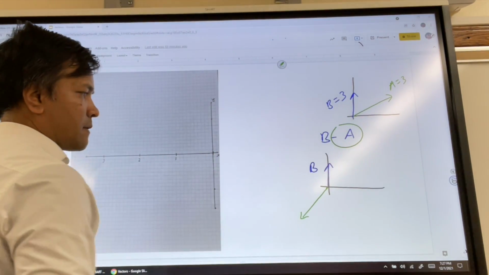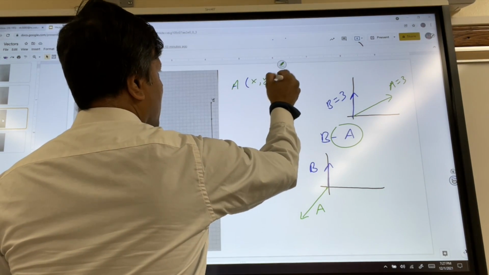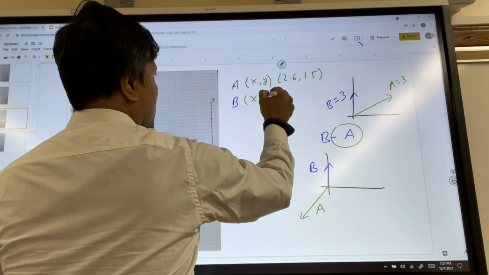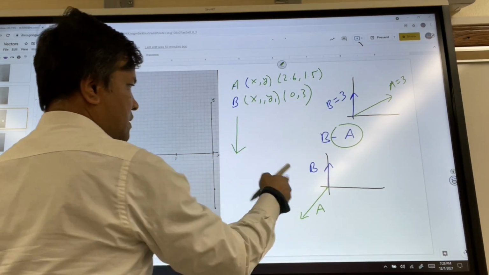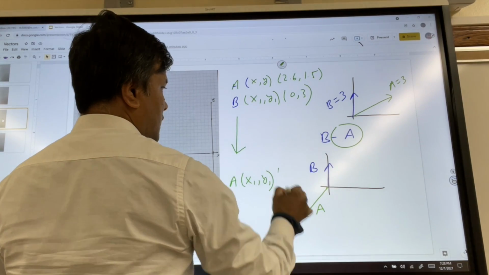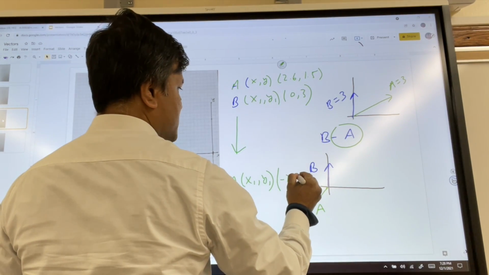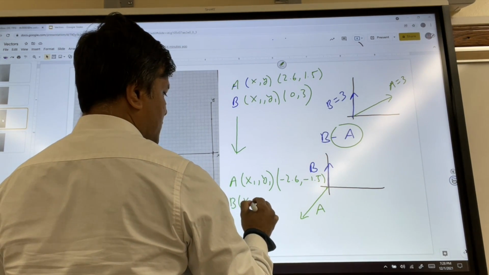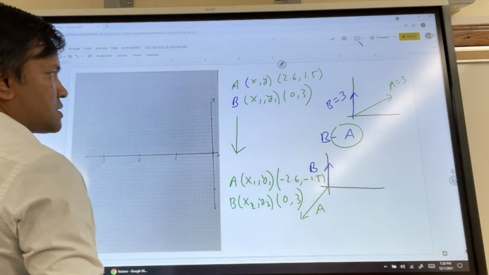So this is our new A. What is the point for A? x comma y is 2.6 comma 1.5, and B is 0 comma 3. For A this is going to change. This is the fourth quadrant, so -2.6, -1.5, and B would be the same, 0 comma 3.